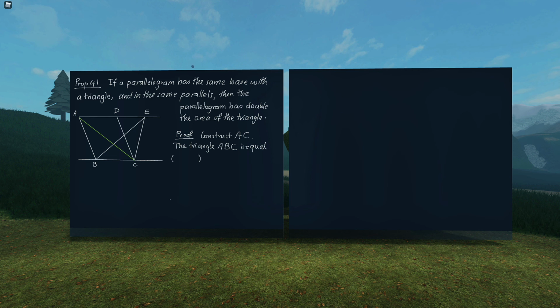It's equal to the triangle EBC because they have the same base and are in the same parallels. This is proposition 37.